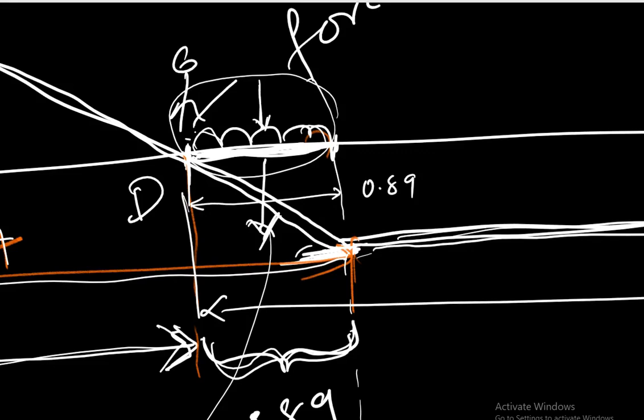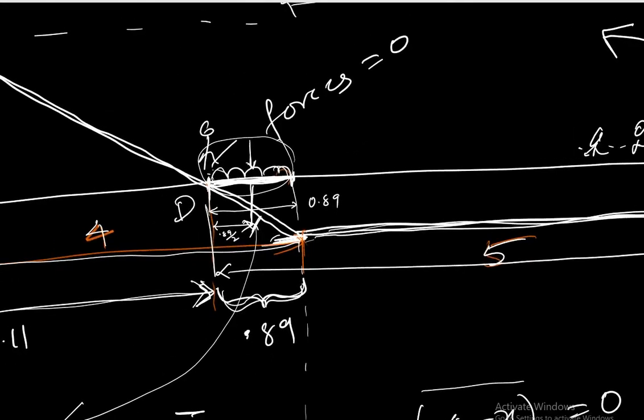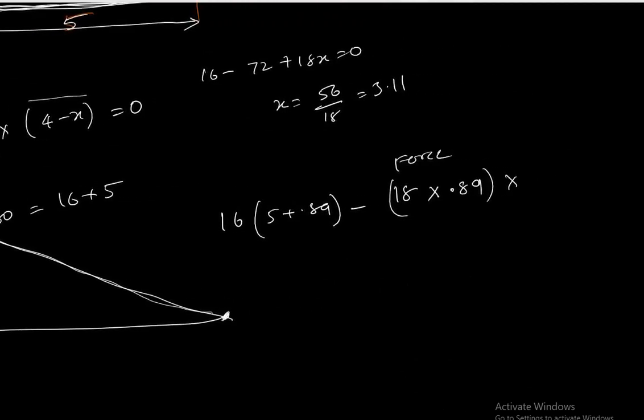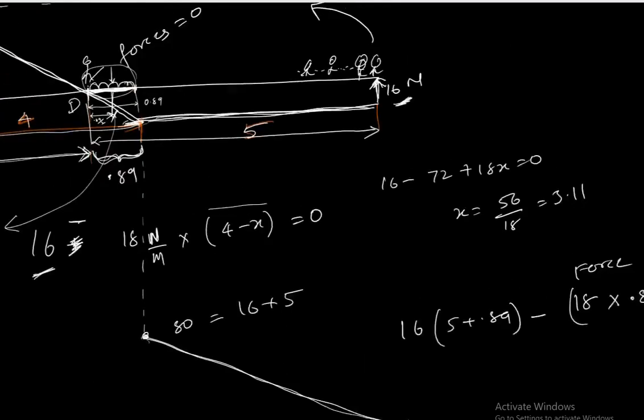So we say that this entire load is acting at the center. So what is this portion? This is 0.89 divided by 2. Okay, so the distance is 0.89 divided by 2. So this is the entire moment at point D.